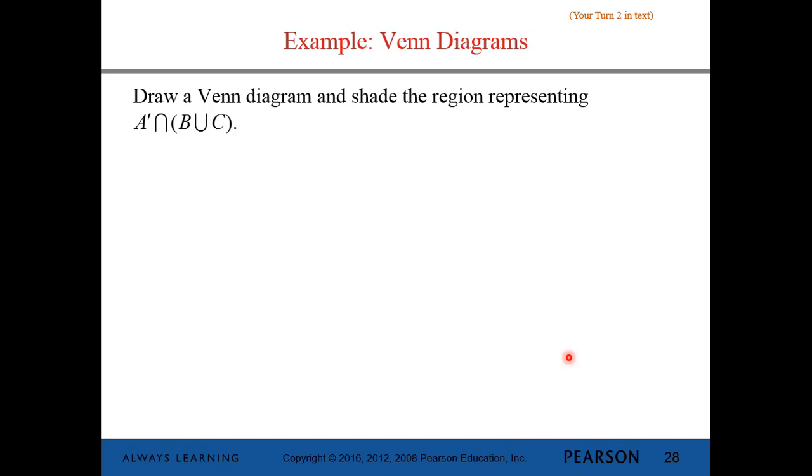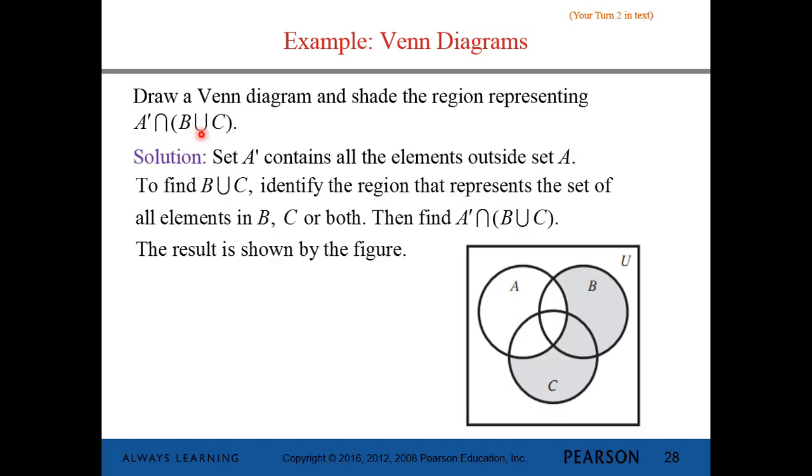Now here it says draw a Venn diagram and shade the region representing this set. Again, we're going to do this piece here first. We want B union C. So that's going to be both of those circles together, this circle and C. So basically shade in all of C and all of B. That's going to be this piece right here.